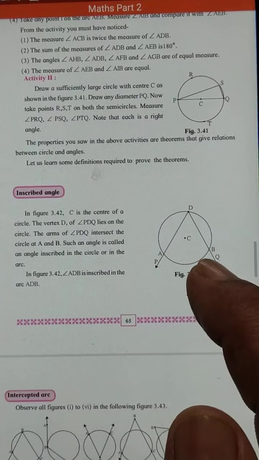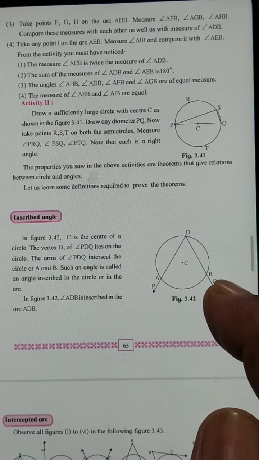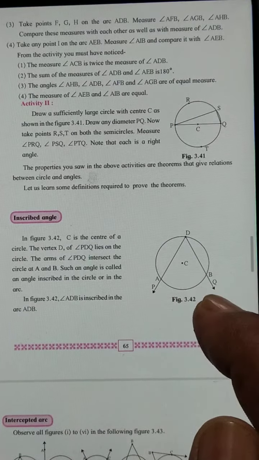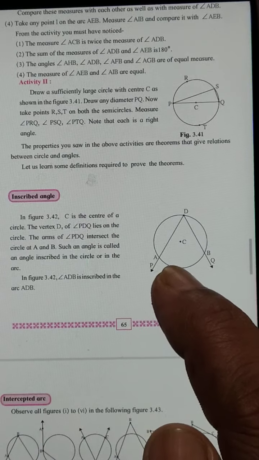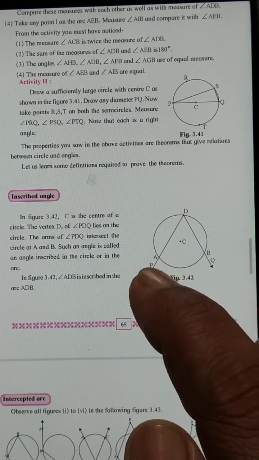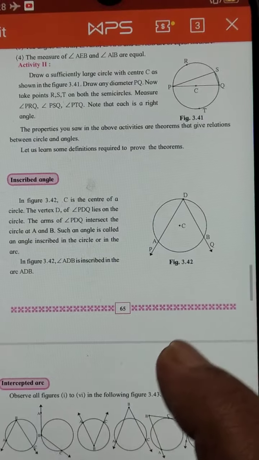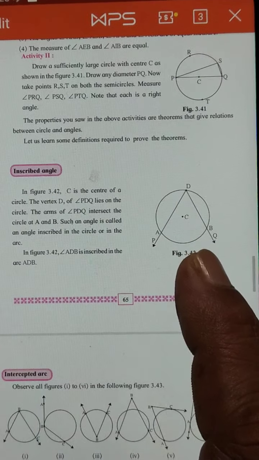So in this figure, angle ADB is inscribed in the arc ADB. Okay, so it is called an inscribed angle.